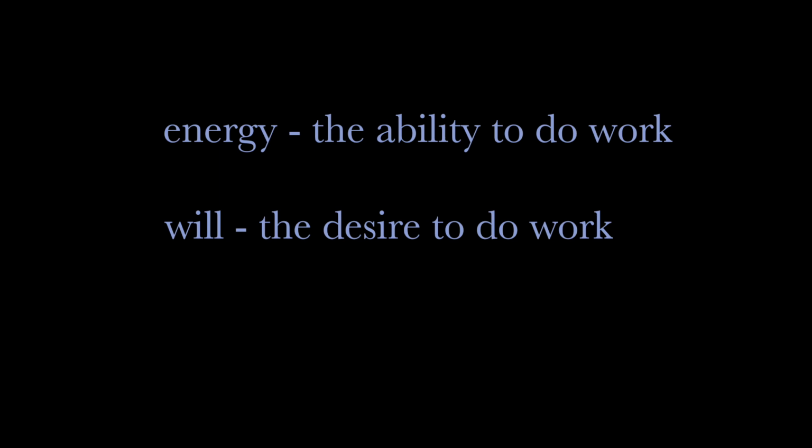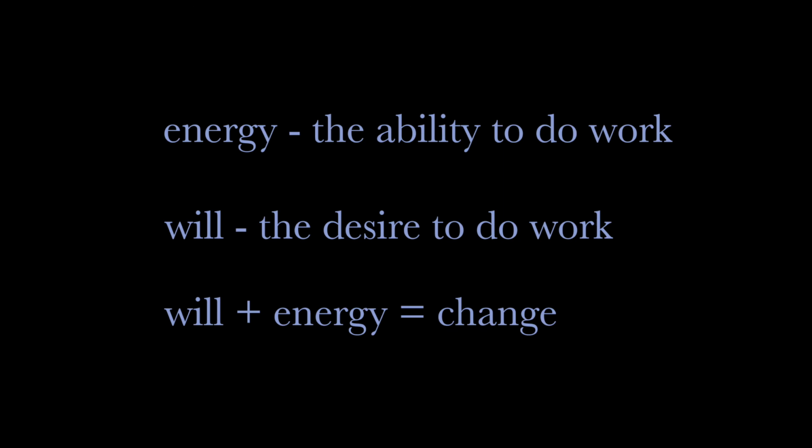It is a fundamental function of the universe that can't be explained by another more fundamental fact. It seems to make sense when you consider that energy is defined as the ability to do work. When it is combined with your will, which is the desire to do work, work happens. The ability combined with the desire results in change. This is the rudimentary cause of change in an otherwise Newtonian block universe.